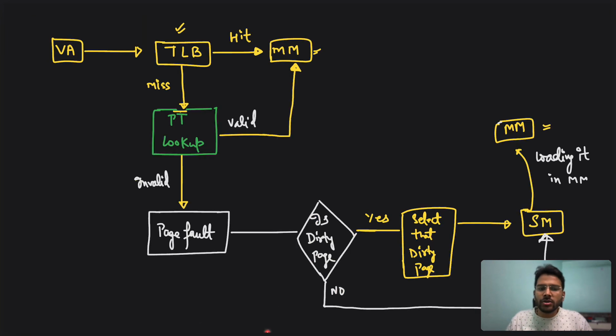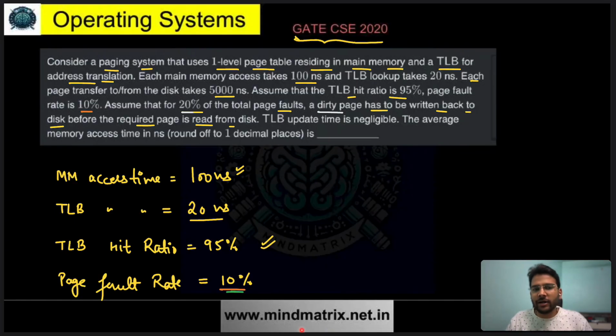You can see the question was a little tricky. I can definitely say that it is not a very easy question. It is a little hard question. But if you have that entire flow clear in your mind, first we do the TLB lookup, then maybe the page table. If there is a miss, then if there's a page fault, what to do, and if there's a dirty page, what to do.